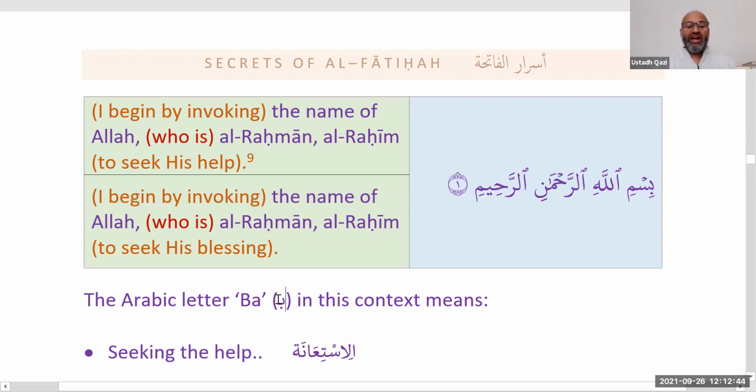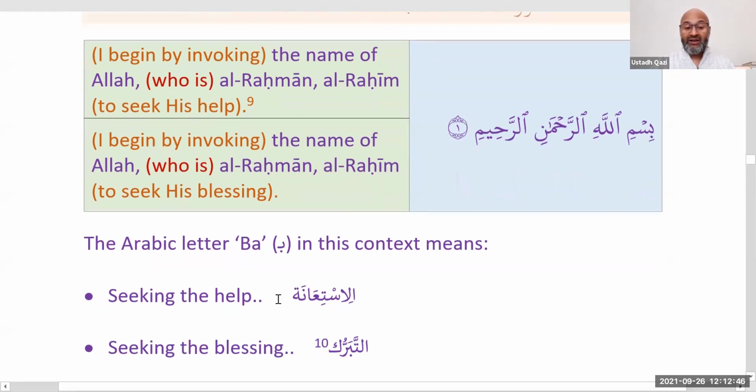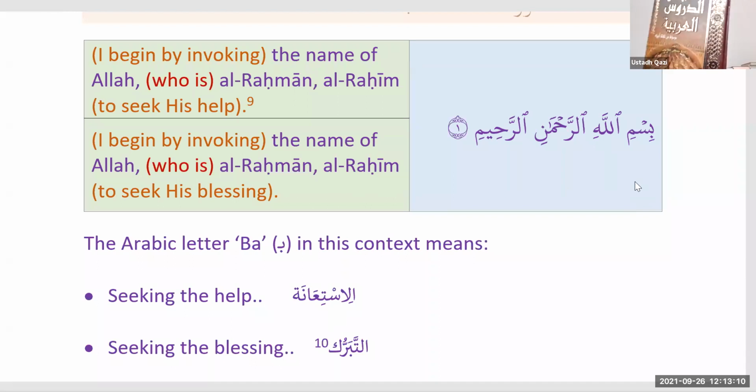The Arabic letter ba is an amazing letter. If you look at any advanced Arabic grammar book, such as Jami'u ad-Durus al-Arabiya, this is quite advanced.